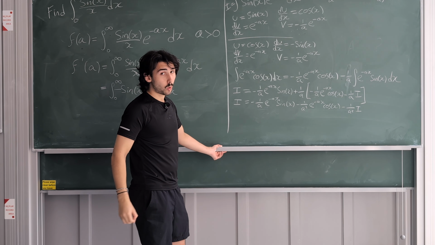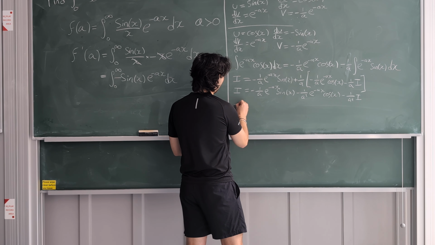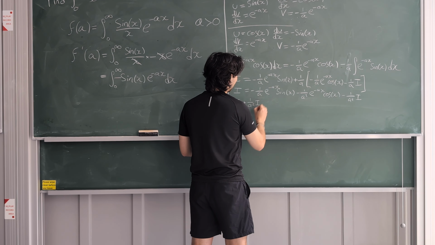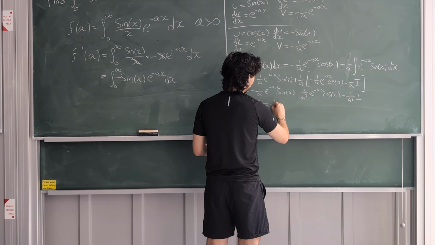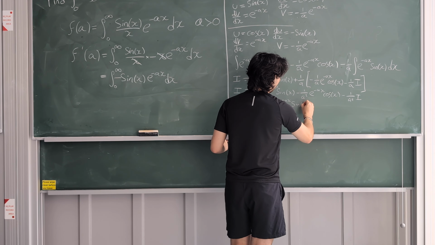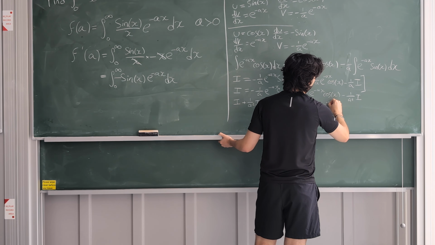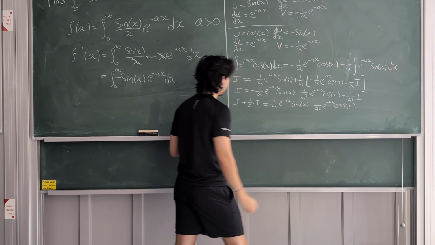If I add 1 over a squared times I to both sides, then I get I plus 1 over a squared I equals all of this stuff again: 1 over a e to the minus ax sine x minus 1 over a squared e to the minus ax cos x. There are several ways I can do this.